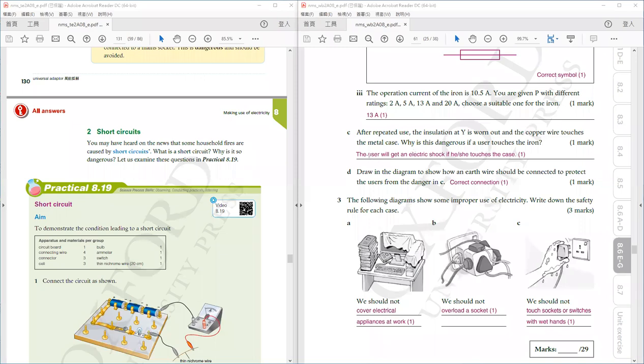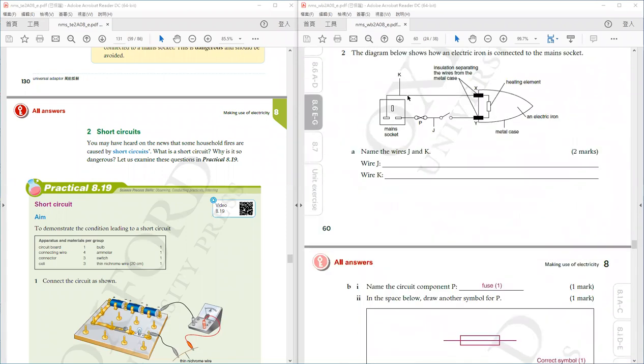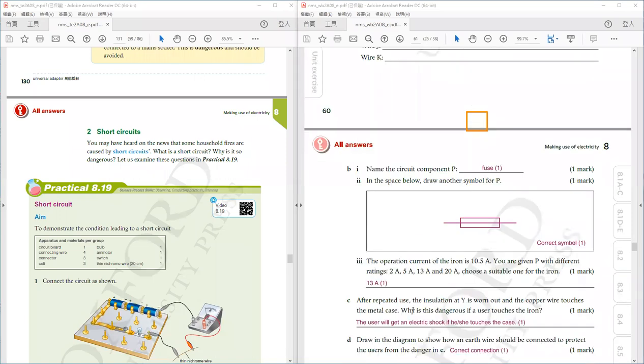Last one. After some repeated use by the user, the insulation at Y may be worn out, may be broken. So that current may pass to the metal case.